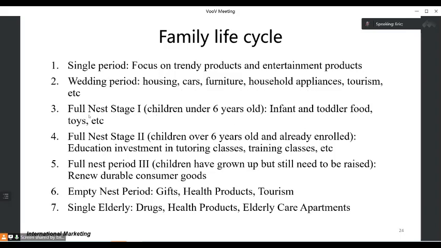The next stage is having children, an infant.